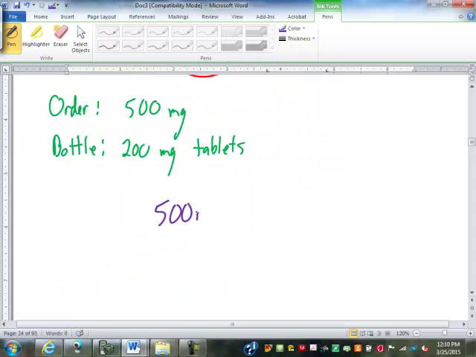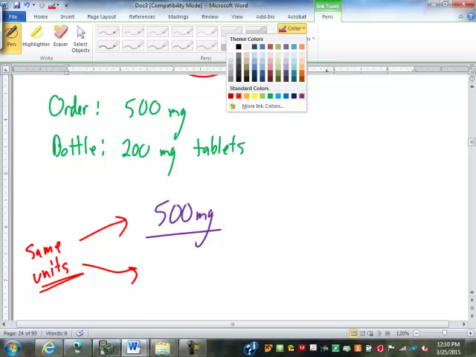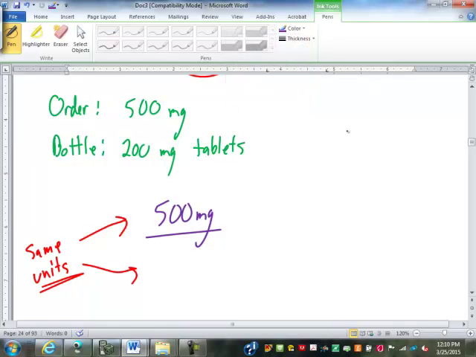That is 500 milligrams. Now, part of the key here, this ordered dose and the on-hand dose must have the same units. So if I'm using the dosage calculation formula, that's one way I can figure out what the on-hand dose is. Well, the only thing here that has the same units as the 500 milligrams in the doctor's orders is the 200 milligrams.